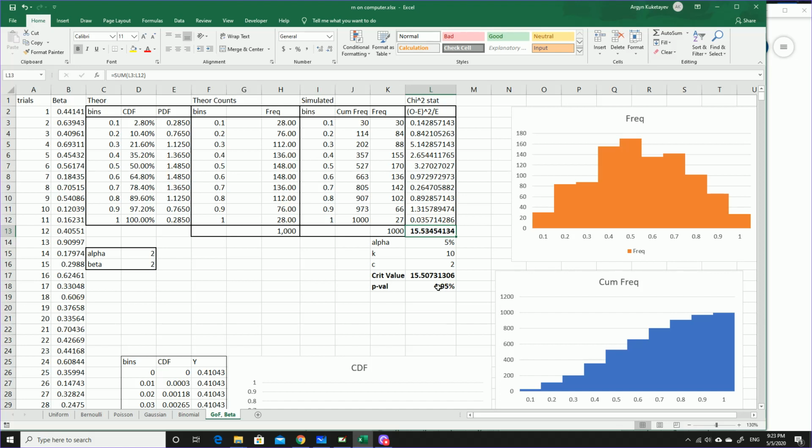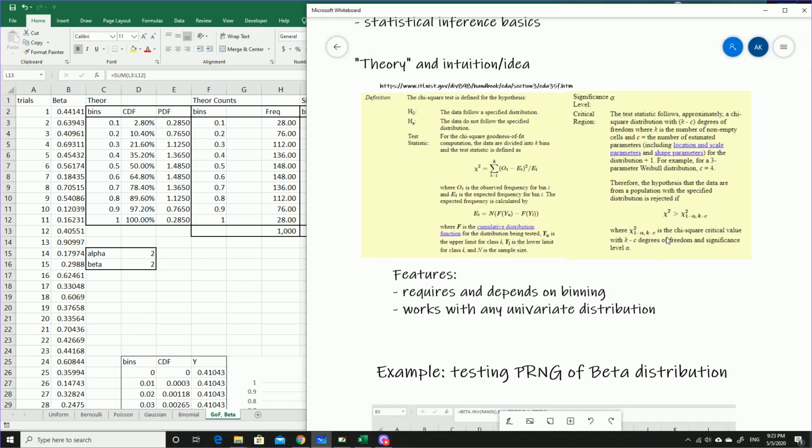It means that the probability that this test statistic is this extreme is too small. It's smaller than 5%. So it's another way of comparing to the critical value of the test statistic.